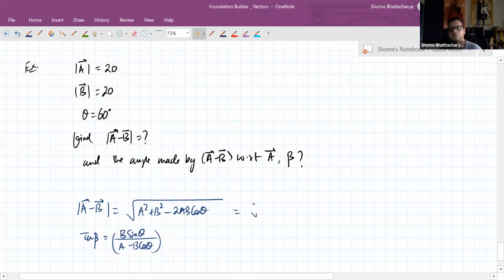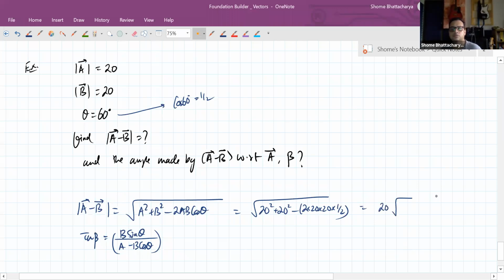So when we substitute this, it will be half, because you know that cos 60 is 1 by 2. So this will be 20 when you work this out.